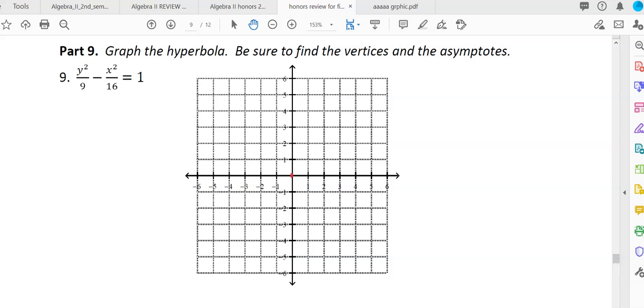So 0, 0, horizontally, vertically going up 3, down 3, horizontally to the right 4 and to the left 4. These are the vertices. Draw the dot box, connect the lines. So it's coming off that one, and that one, and that one, and that one.